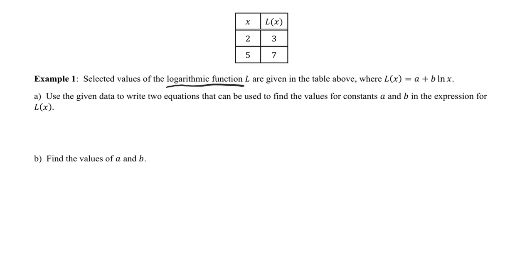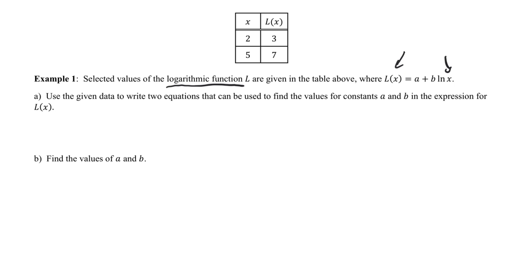The first time I saw one of these when I was getting ready to teach this class, this one got me, and I didn't realize how easy it actually was. I have an x and a y here, and over here I have an x and a y. All I have to do is substitute those numbers in twice, once with the 2 and the 3, once with the 5 and the 7, and I've completed what they wanted us to do.